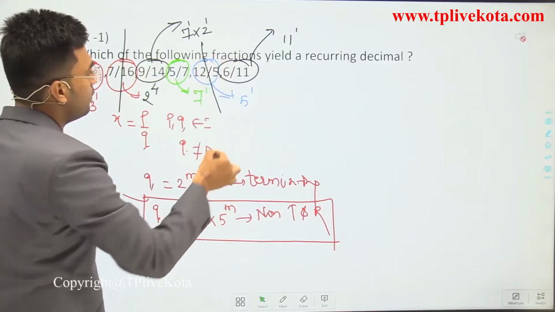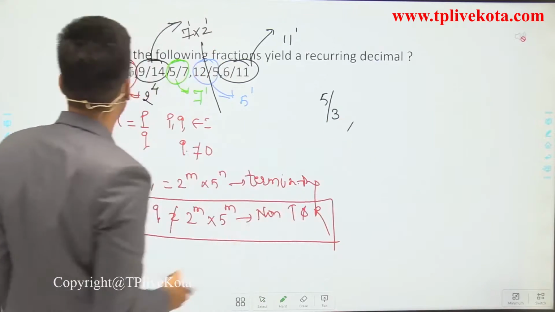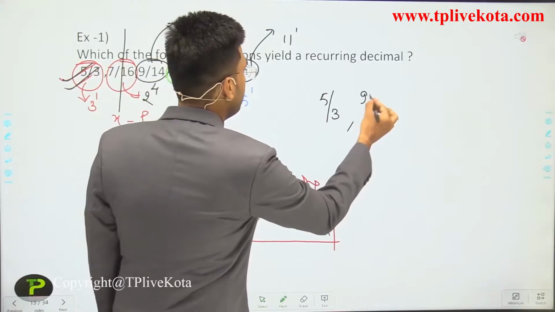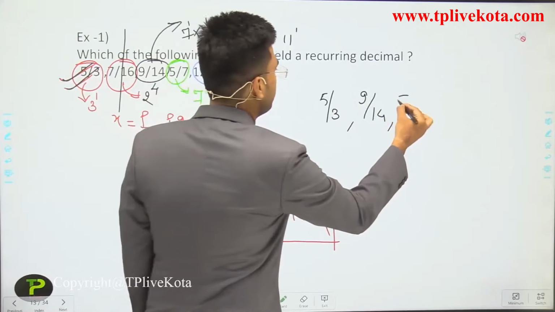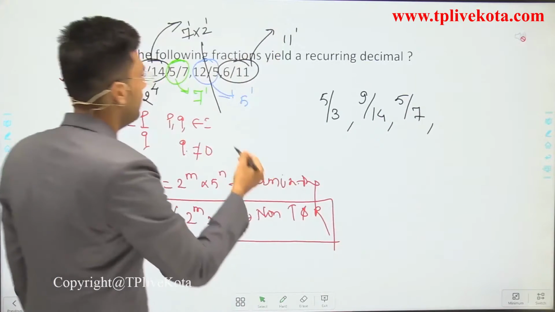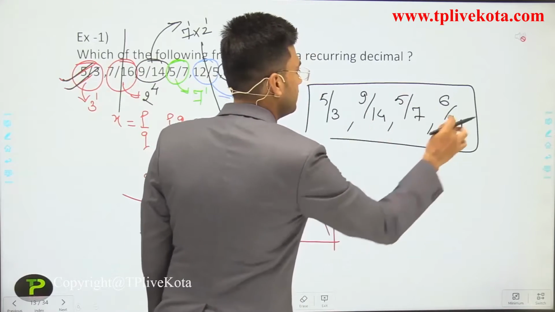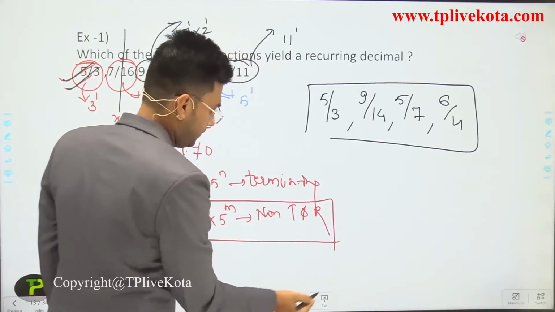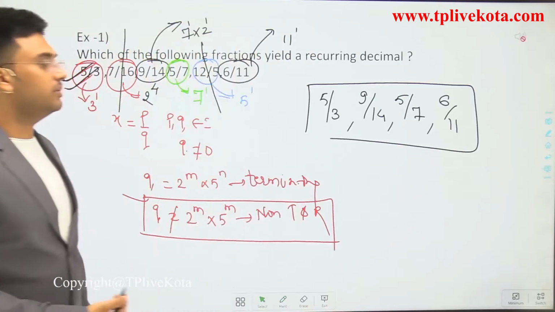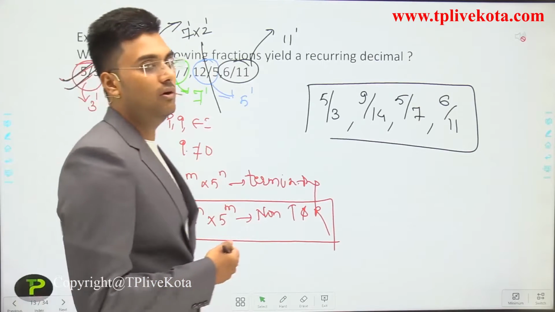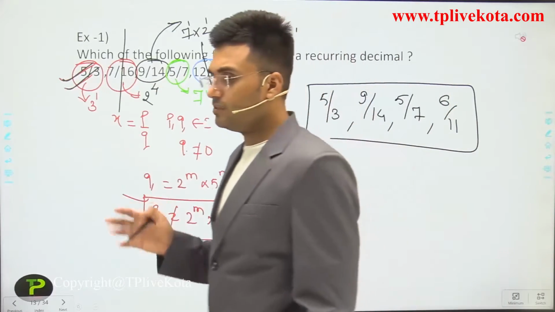So the answer is 5 by 3, 9 by 14, 5 by 7 and 6 by 11. These are the numbers which show recurring decimals, or which yield recurring decimals. So this is the first example.